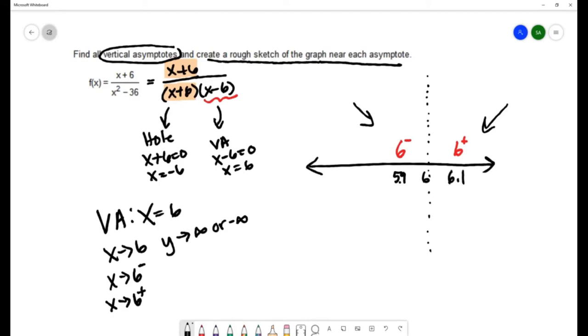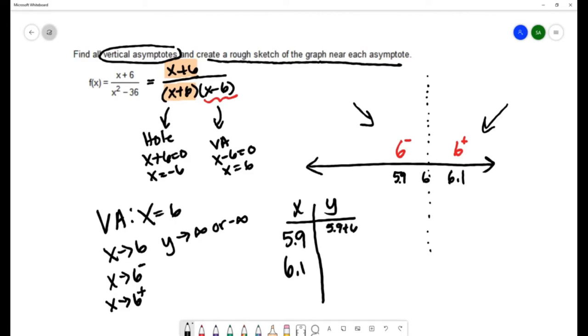We substitute those values into our function and look at the sign. And the sign will tell us whether we're going to go to positive infinity or negative infinity. So we're going to do x and y. We're substituting in 5.9 and 6.1.